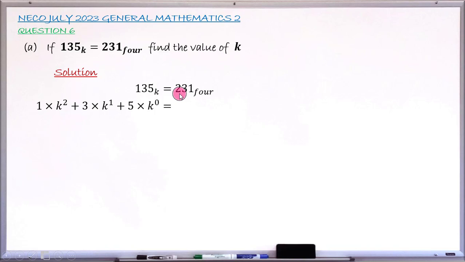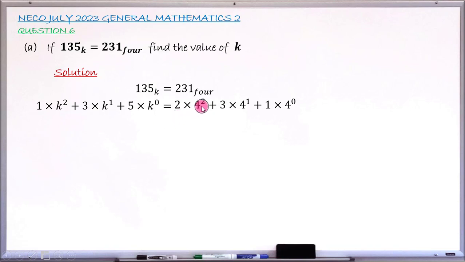Take each digit there, multiplied by the appropriate power of the base, which in this case is base 4. So I'll have 2, the first digit, multiplied by 4 raised to 2, plus 3, the next digit, multiplied by 4 raised to 1, plus the last digit, which is 1, multiplied by 4 raised to the power of 0.